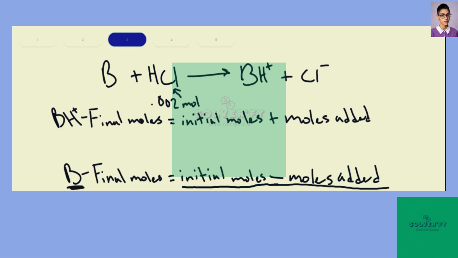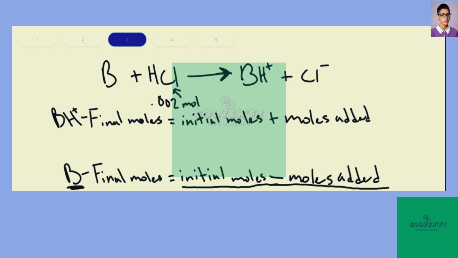Okay, so it's being taken out. And then, as we can see from this equation, the acid has 0.002 moles added in, and so we just add that. So that's all we have to do.